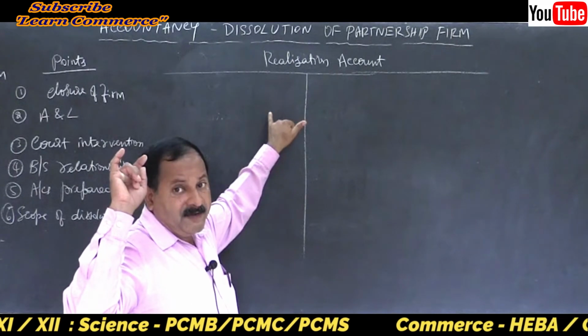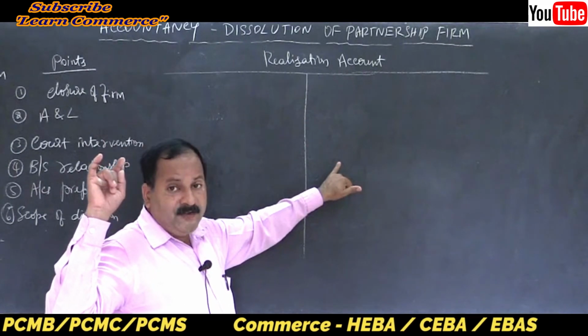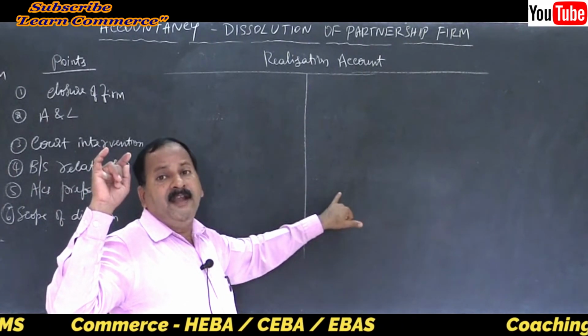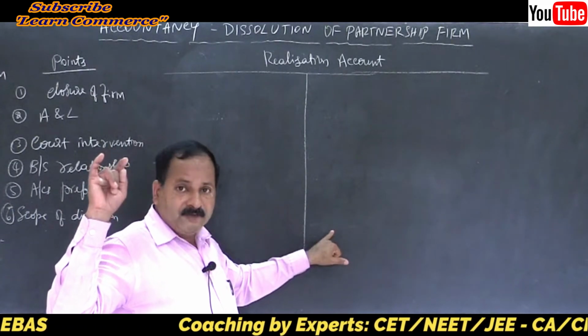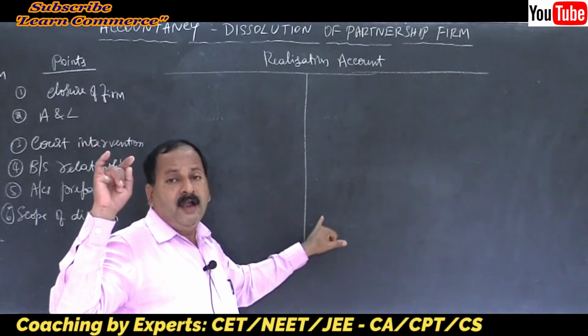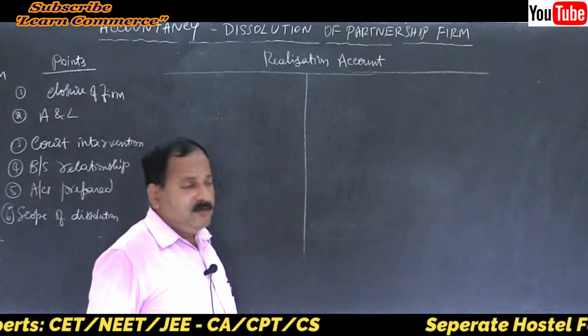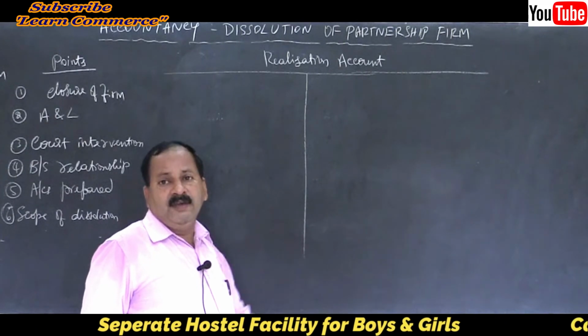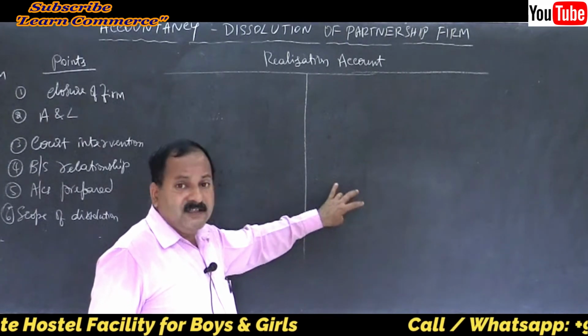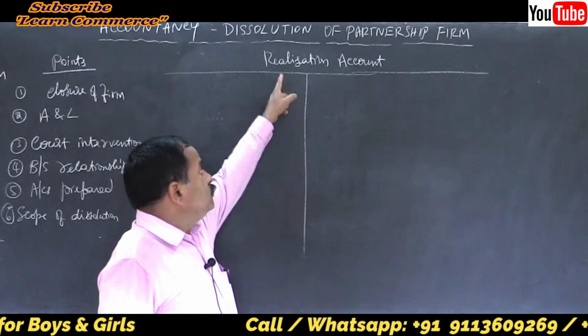Furniture you will transfer at the beginning, but while selling the assets, you will not enter furniture here. It is taken over by the partner. So you will give debit to the partner's capital account. By A's capital account, furniture taken over. As far as the journal entry is concerned: partner's capital account debtor to realization account.